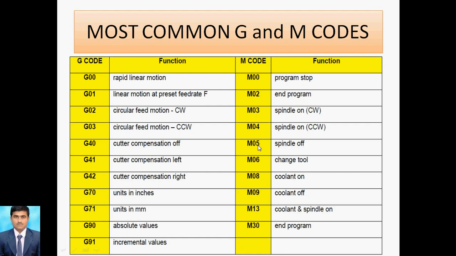M06 is for change tool, M08 is coolant on, M09 is coolant off, M13 is coolant and spindle on, and M30 is for end of the program. So these are called miscellaneous codes. These two sets of codes are the most commonly used.